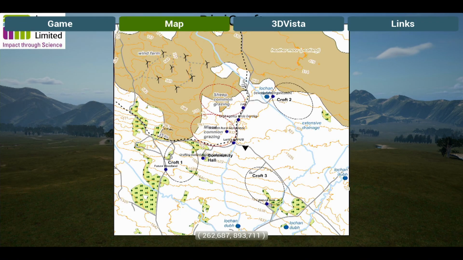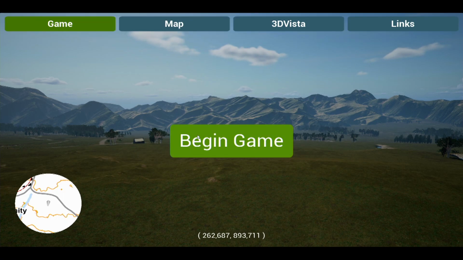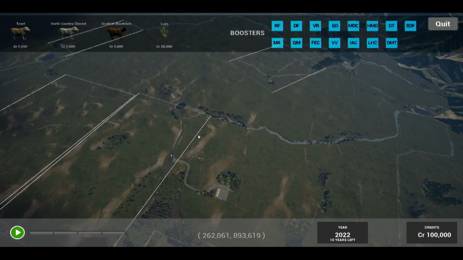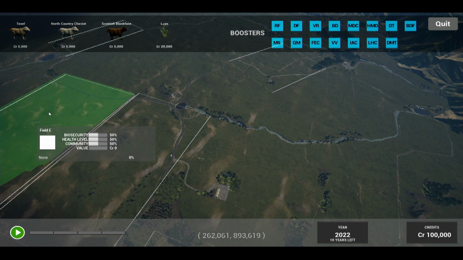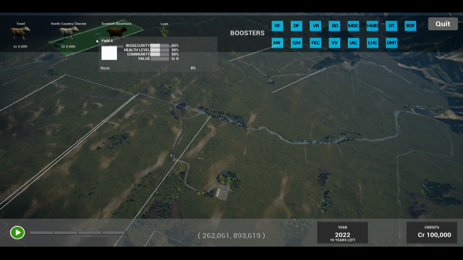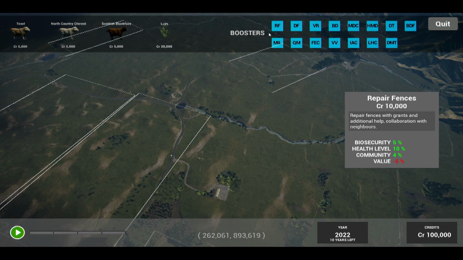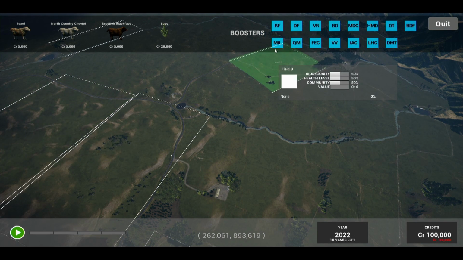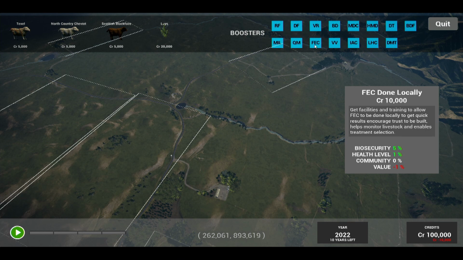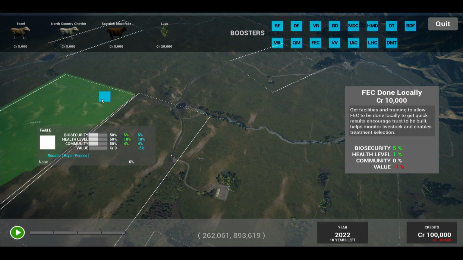And if we click on M, we get to go into the game. This is what you can go and play with outside, and you can drag animals and put them in. There's also all these different boosters. You can put up to 2 boosters on all the different fields. So this would be for fecal egg counts, if it's roundworm that's a problem.